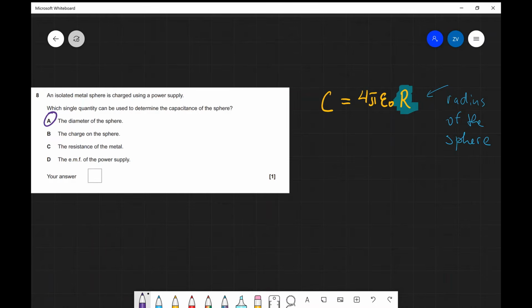In other words, if you give me a radius or a diameter, I can tell you the capacitance of the sphere. Please note that this equation only applies for a spherical shape though. So in this case, the correct answer is A.